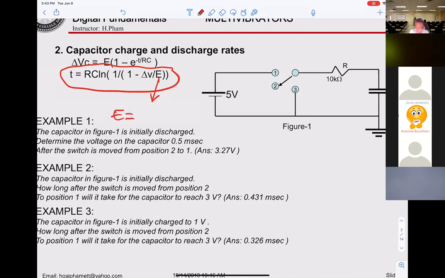And the voltage it tries to reach, that means you keep position number 1, it keeps charging, the maximum will be 5. So it will be 5 minus 0.